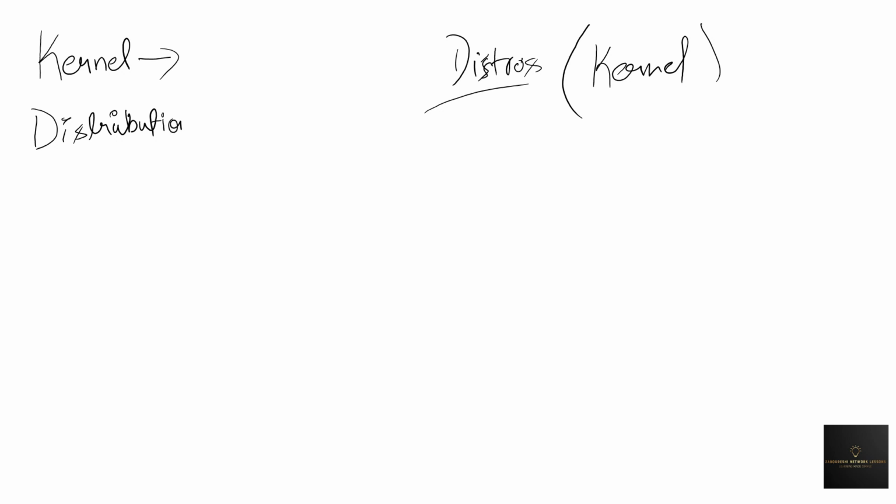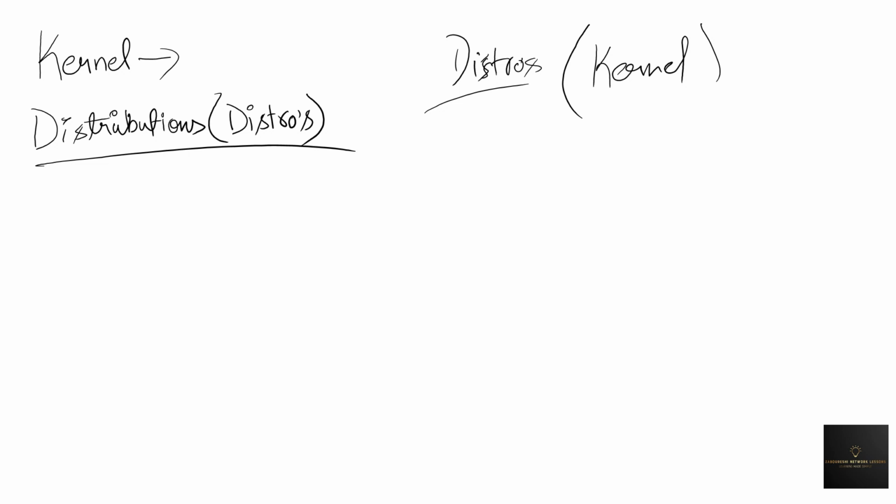Then the second thing you need to know is distributions, or distros. A distribution is a complete operating system based on the Linux kernel. It includes the kernel, system utilities, libraries, and applications.